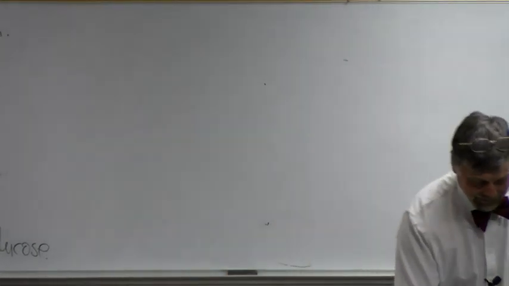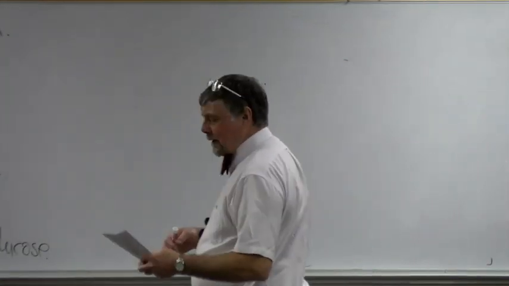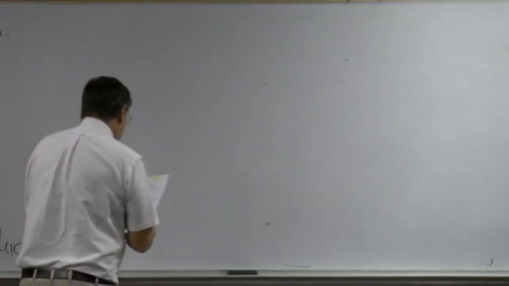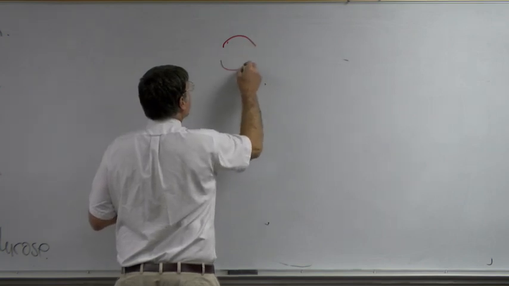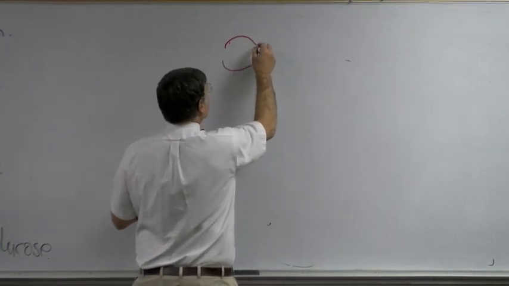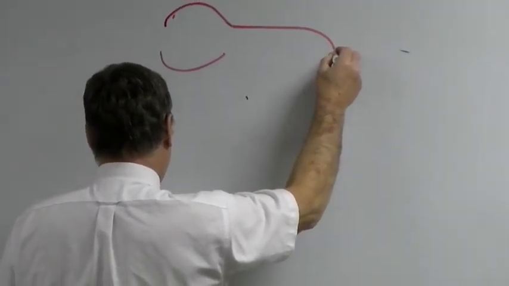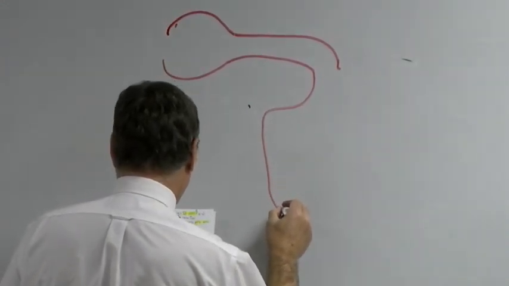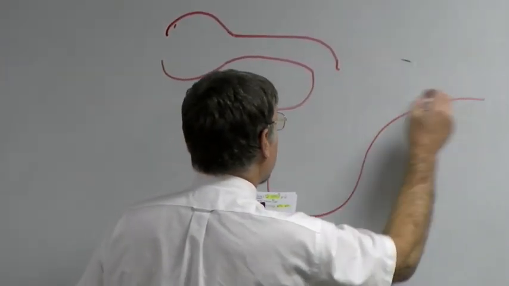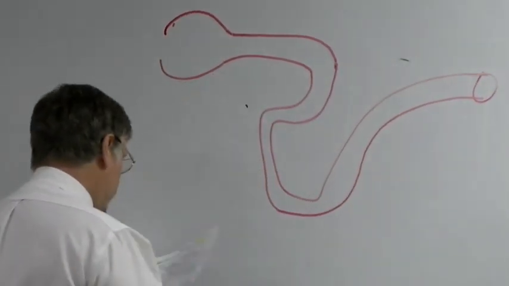Okay, so let me draw this. Costanzo doesn't have a diagram, so I picked this one up. So here's the glomerulus. Here's the efferent arteriole, and this is the peritubular capillary.